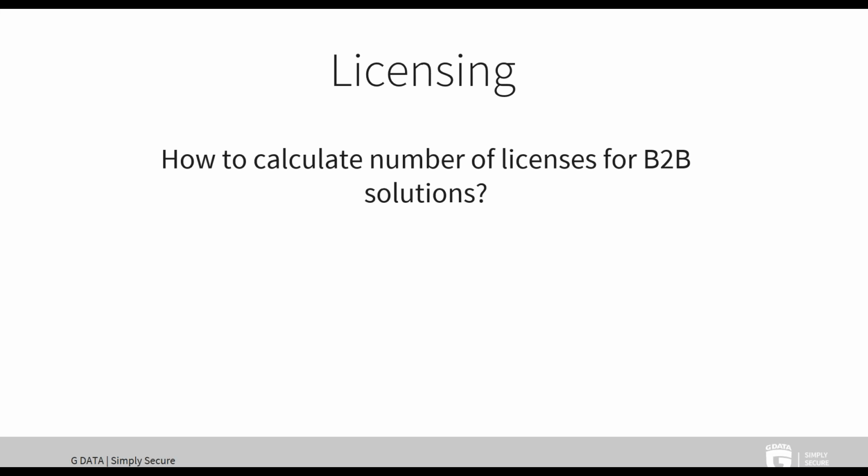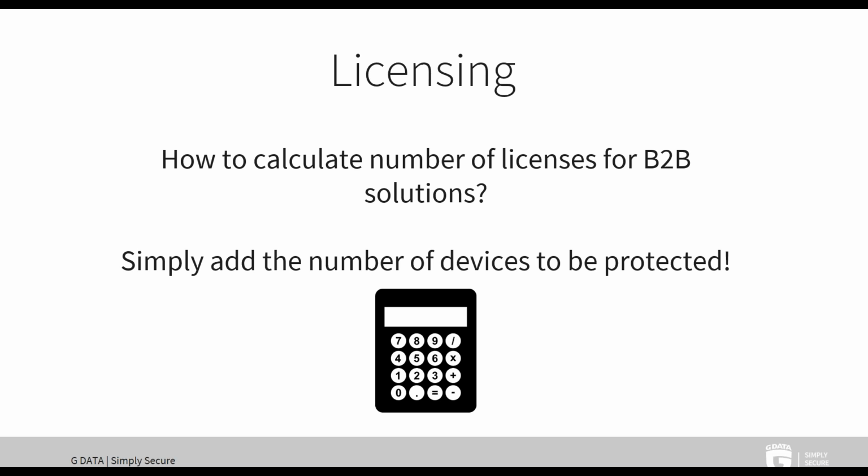The licensing itself is actually very easy. If you're asking yourself how many licenses you need for our GData B2B solutions, you just simply add the number of all the devices that need to be protected.